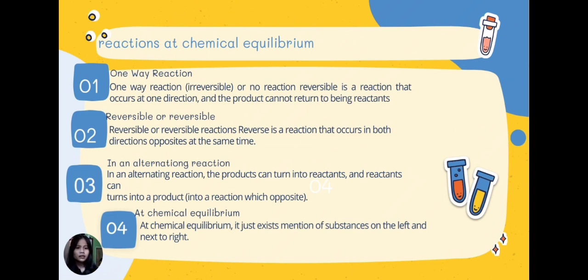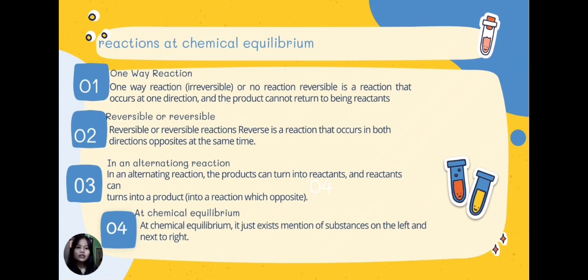What are the reactions in chemical equilibrium? 1. One-way reaction. A one-way or irreversible reaction occurs in one direction, and the product cannot return to reactant. 2. Reversible reaction. A reversible reaction occurs in both opposite directions at the same time. 3.